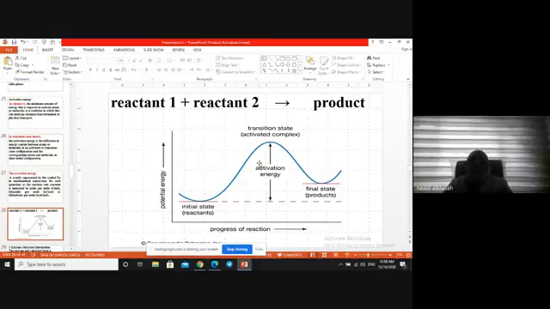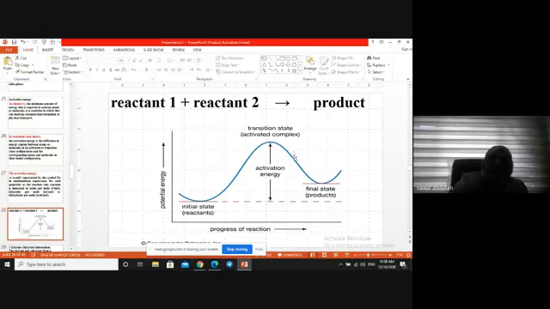by using the energy of the reaction, by using the activation energy, a small amount of energy. The reaction between two reactants will reach the transition state, which is the activated complex.